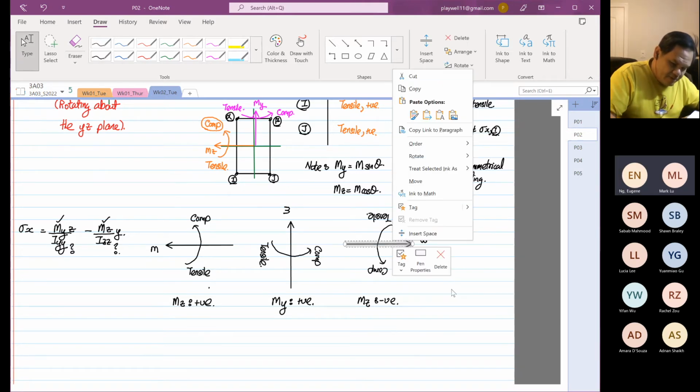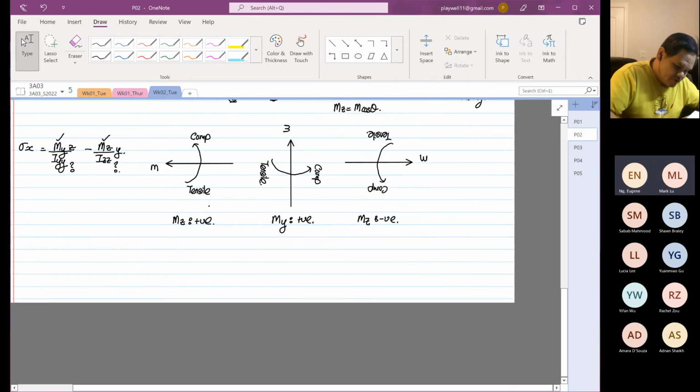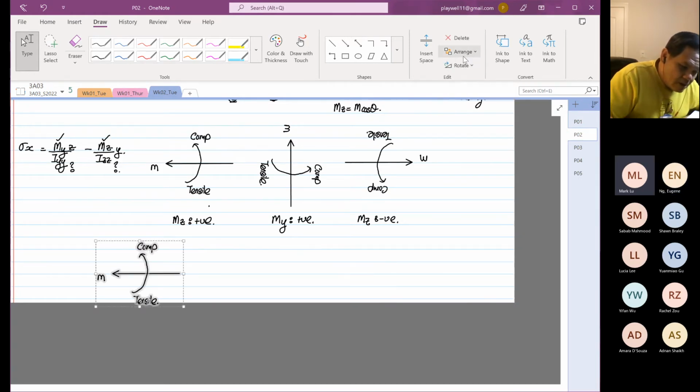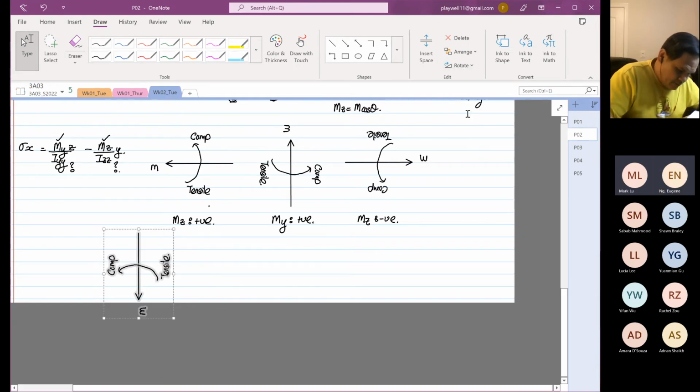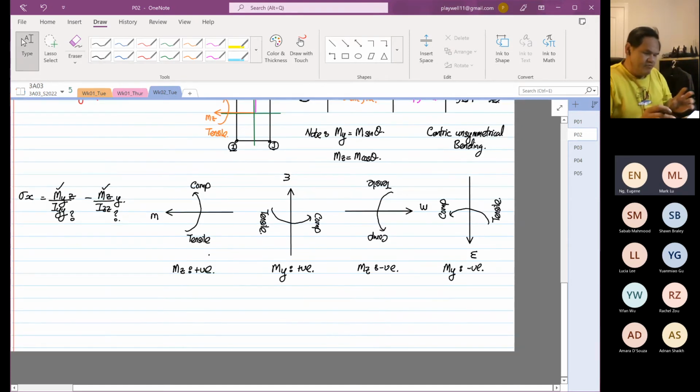And finally, rotating left, the last case I'm showing you is the moment about the y-axis, and this is negative. I usually find this really helpful.